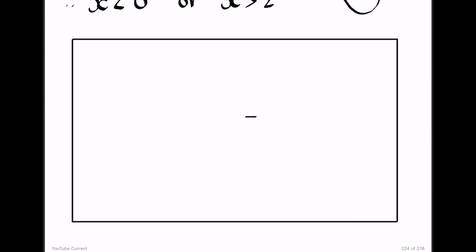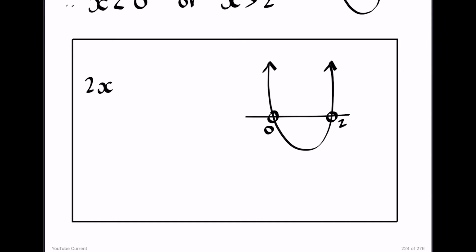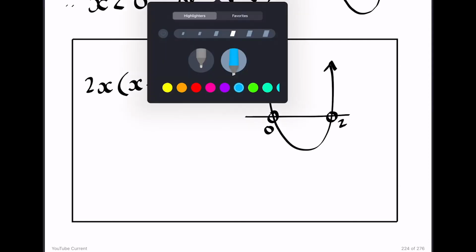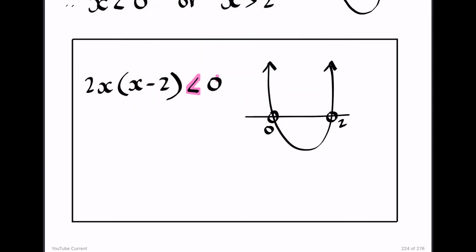If I had my exact same smiley face, here is 0, here is 2, there's my parabola. But if I had 2x into x minus 2, and instead of it being greater than 0, I make it smaller than 0, just as a little note, then where is it negative? Where is this graph below the line?